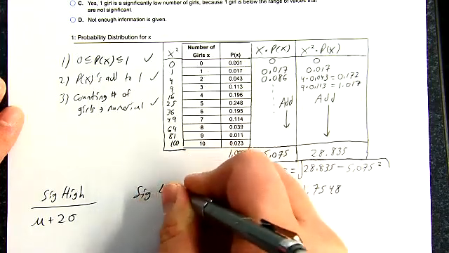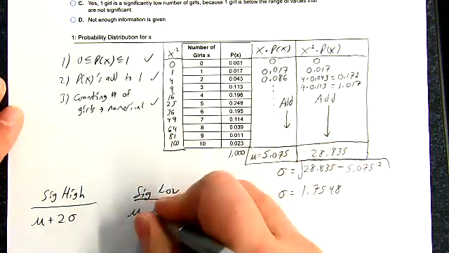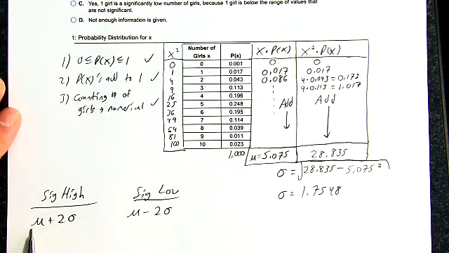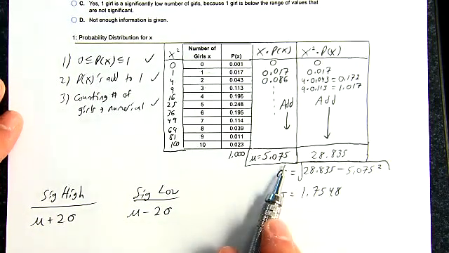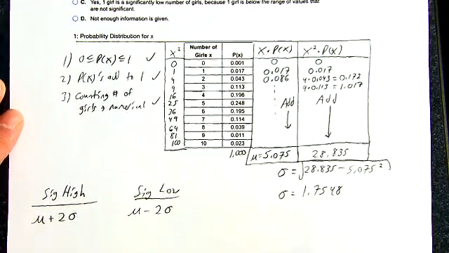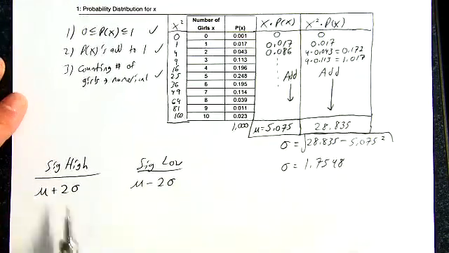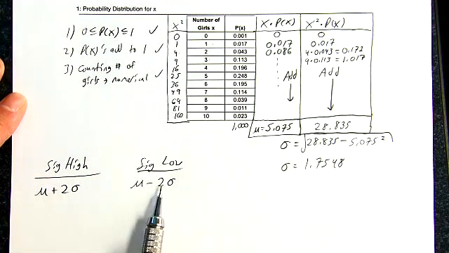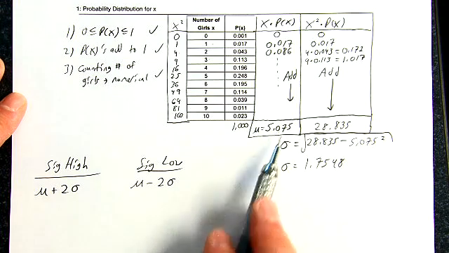Sig low is equal to mu minus 2 sigmas. And we have both those numbers. So mu is this 5.075. Sigma is this 1.7548. So in one case, we double this number and add it to mu. And in the other case, we double this number and subtract it from mu.